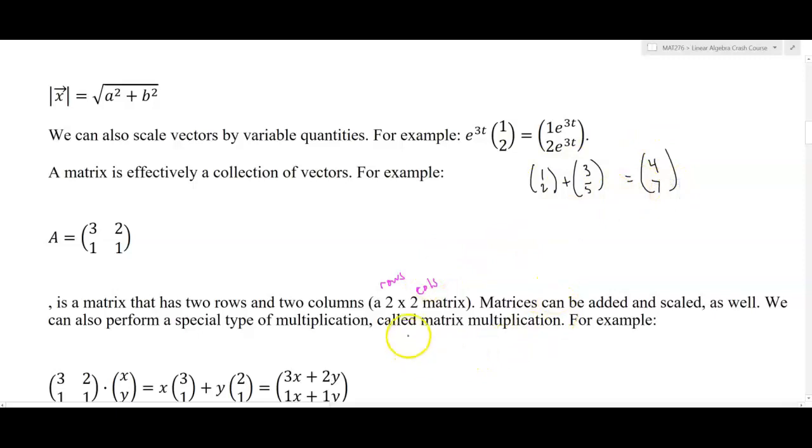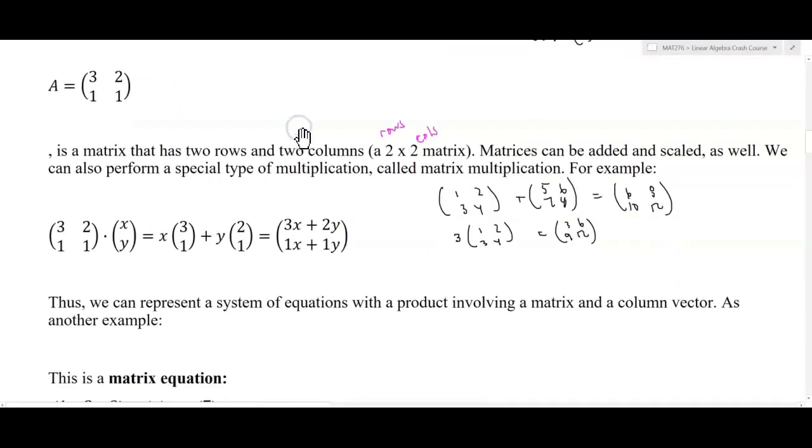And if I were to add 2 matrices together, for example, 1, 2, 3, 4 plus 5, 6, 7, 8, that would simply be 1 plus 5, 2 plus 6, 3 plus 7, and 4 plus 8. So that's how we would add matrices. If we scaled a matrix by a constant, so if we took 3 times 1, 2, 3, 4, we would scale its components, and that would be 3, 6, 9, 12.